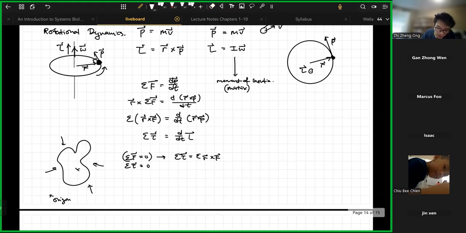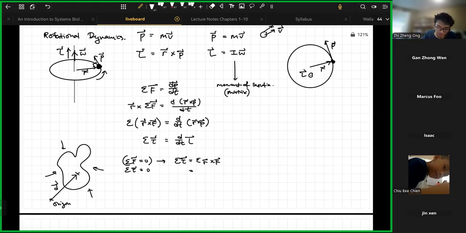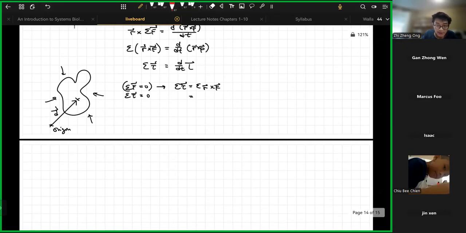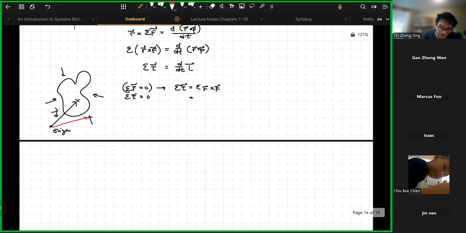So if I choose this point, then there's a shift, right? The origin shifted by a little bit. We call this D. Now if you want to describe forces, you have two origins. You can describe it with this origin, or you can describe it with this origin.